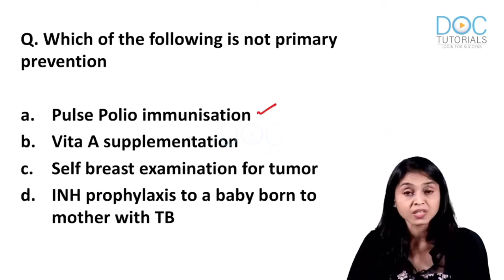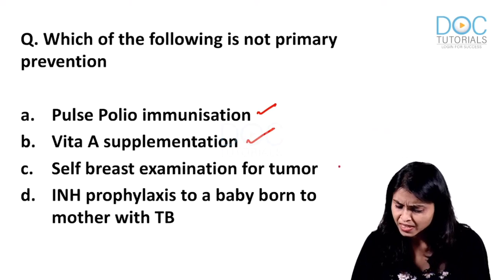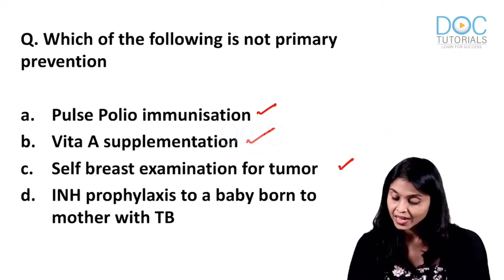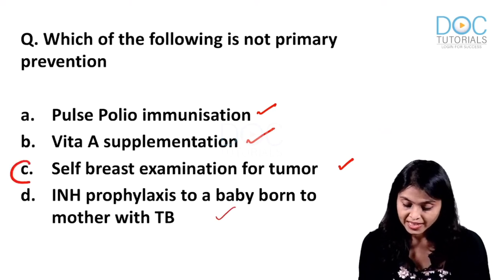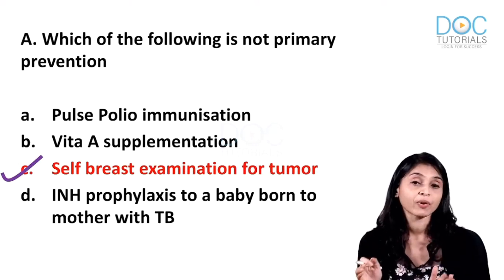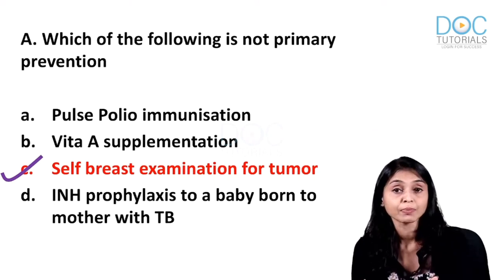Pulse polio immunization, it's a primary prevention. Vitamin A supplementation, it's a primary prevention. Self-breast examination for tumor is screening, right? That is coming under secondary. Another one is again primary. So, this is the answer: self-breast examination. So, these are the types of questions that you can expect from the levels of prevention topic.